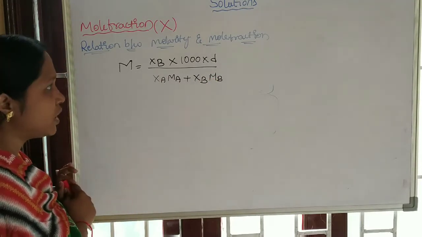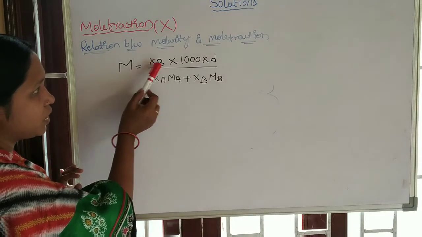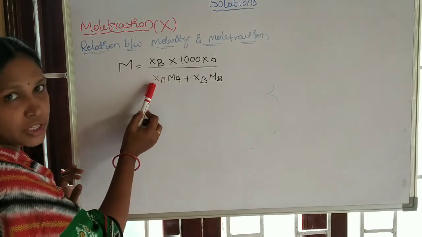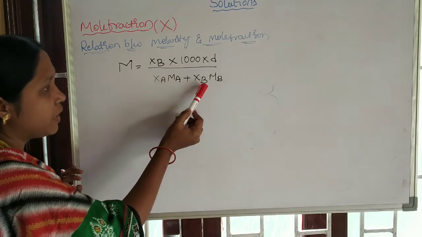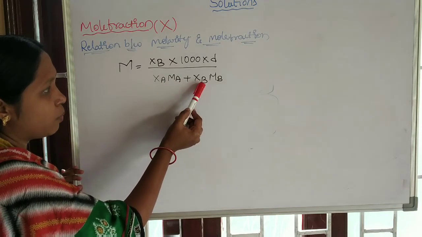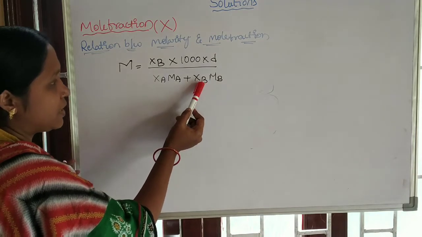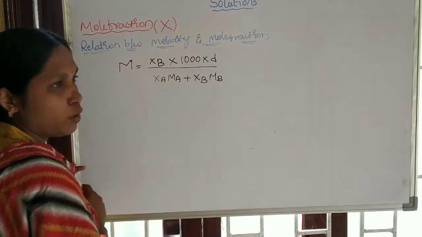What are the terms here? M is molarity, XB is the mole fraction of solute, d is the density of solution, XA is the mole fraction of solvent, MA is the molecular weight of solvent, and MB is the molecular weight of solute.